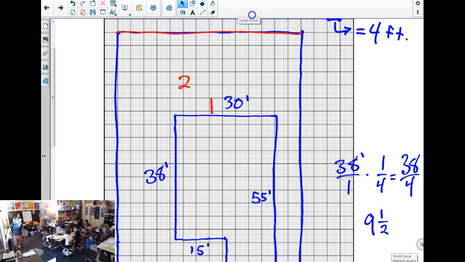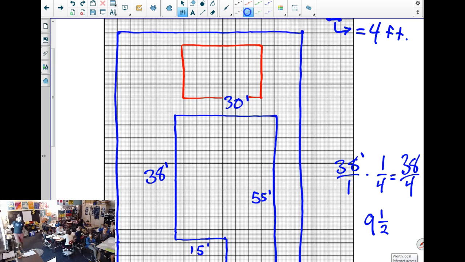Now let's actually. I got a question for you guys up here. So let's just all look at mine. If we're going to say that Guillermo does not want people to immediately be swimming, if he's going to leave a gap behind and offset it a little bit, so maybe there's a swing set over here, if that's the size of his pool, according to my drawing, what are the dimensions?